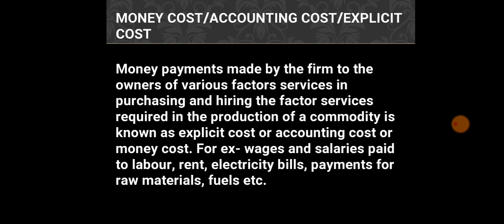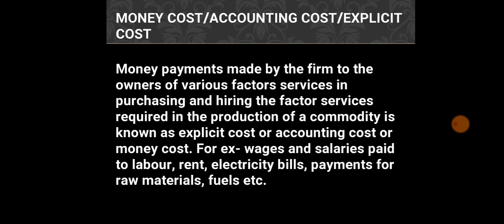He does not get these free of cost. We don't get raw materials, labor or capital free of cost. They have to be paid for. That money paid by the firm owner or the enterprise is what is known as cost.